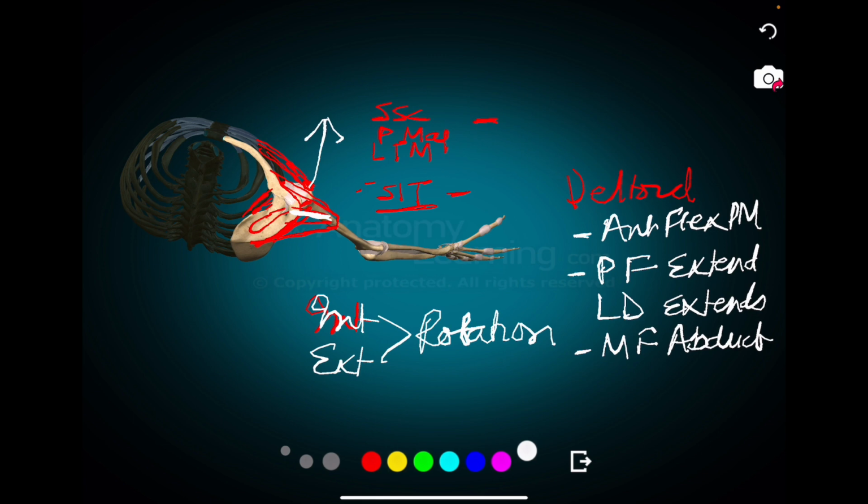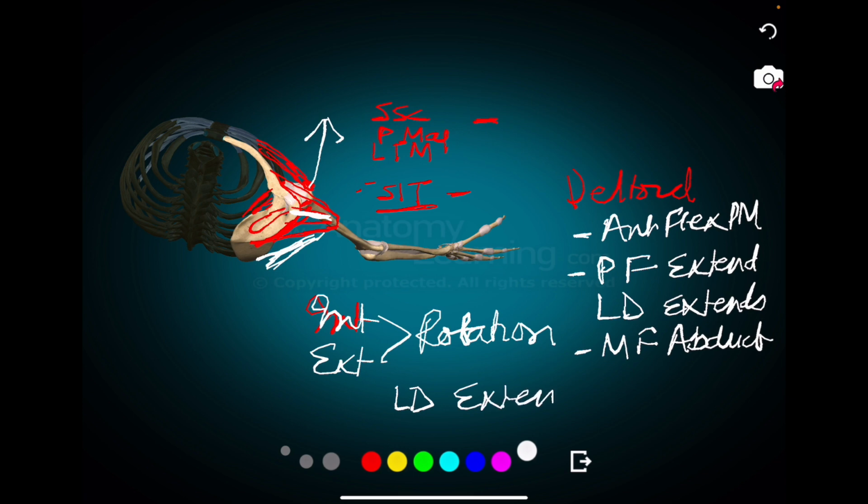So we covered abduction, adduction, external rotation, internal rotation, and flexion and extension. Latissimus dorsi, coming like this, and the deltoid extensor fibers will extend.